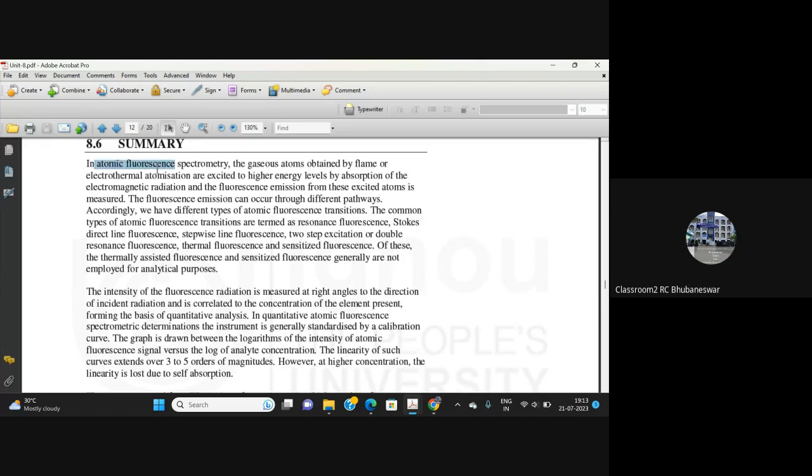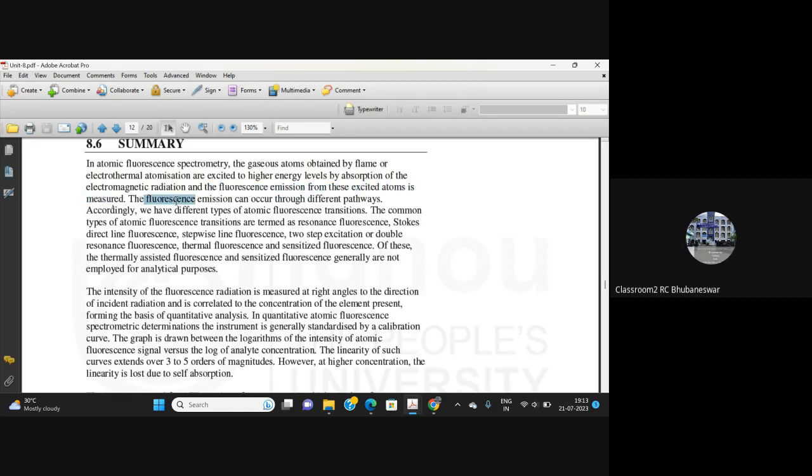In atomic fluorescence spectrometry, the gaseous atoms obtained by the flame or electrothermal atomization are excited to the higher energy levels by absorption of the electromagnetic radiation, and the fluorescence emission from these excited atoms is measured. After excitation, the radiation emission is there, then you are measuring the fluorescence.